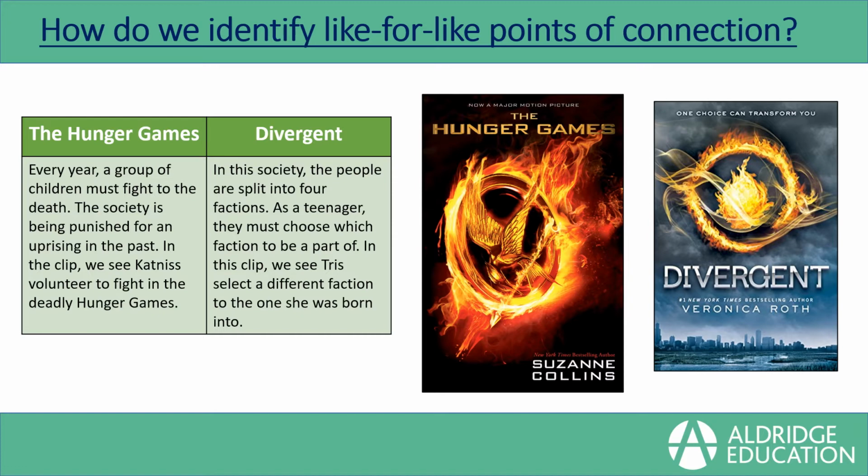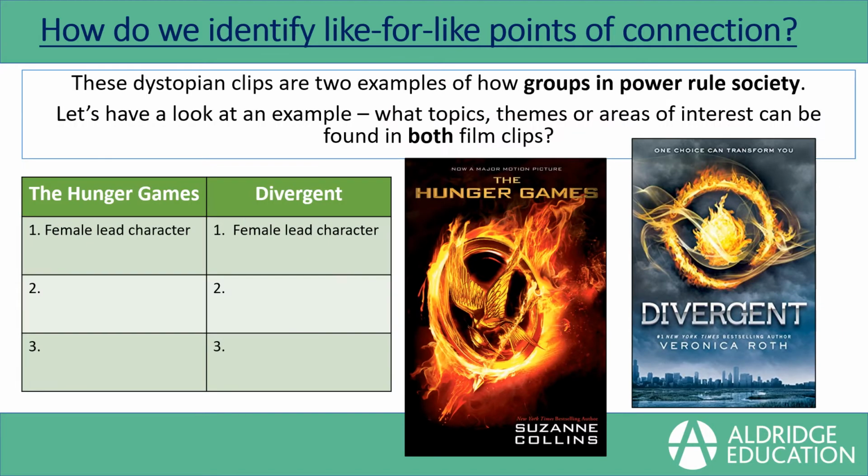In Divergent, the society is split into four factions, so remember in The Hunger Games it's 13. As a teenager, they must choose which faction to be part of, so there's a choice that's happening there. In this clip, we see Tris select a different faction to the one she was born into. Okay, so although they are very similar, they've got different storylines.